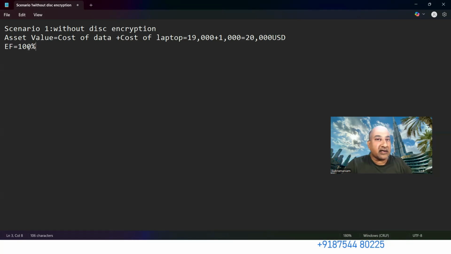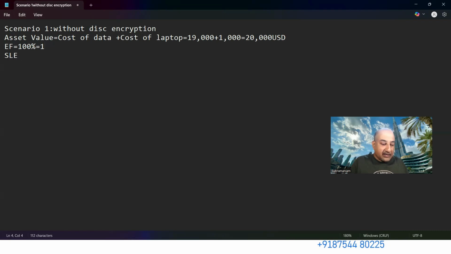Disk encryption is not file encryption; disk encryption will only help you in case of theft. Since it is not there, it's totally gone. The data is gone and disclosed, and the asset is also out of your control. So 100% exposure, 100% is one.